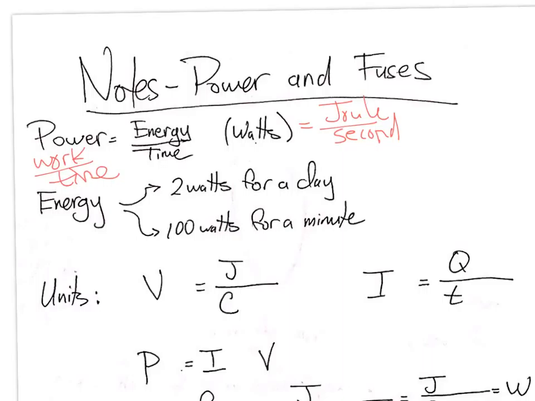So we can start with our given information. We know we have 2 joules per second. We know that we have 60 seconds per 1 minute, 60 minutes per hour, and 24 hours per day.